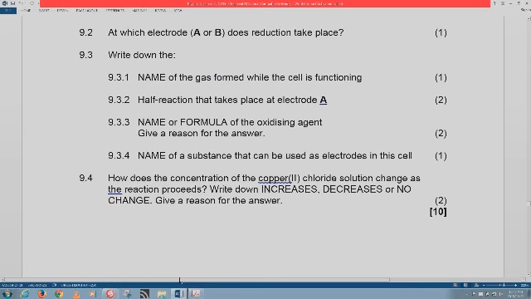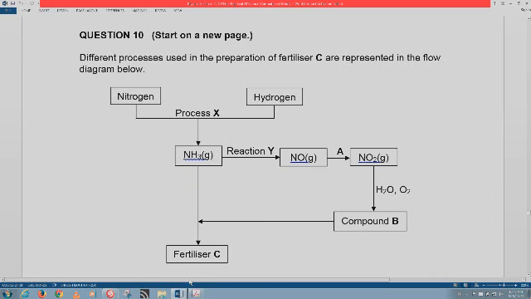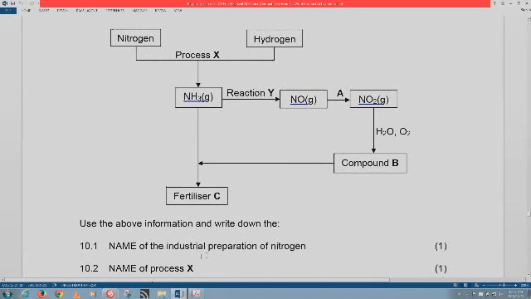And then colleagues, let us move to question 10, which is the last question in the chemistry paper in this trial exam. Different processes used in the preparation of fertilizer C are represented in the flow diagram below. Use the above information and write down the name of the industrial preparation of nitrogen there for 1 mark.